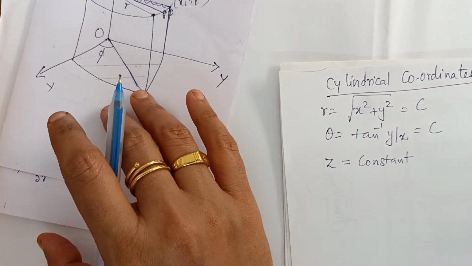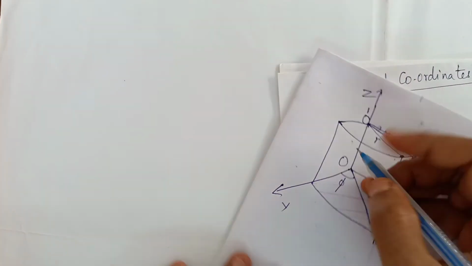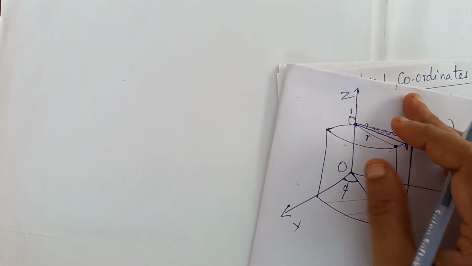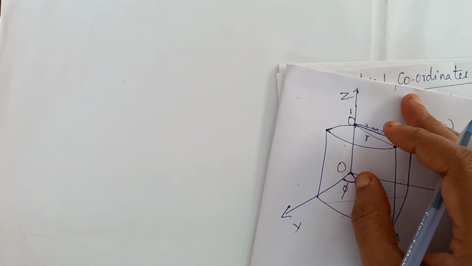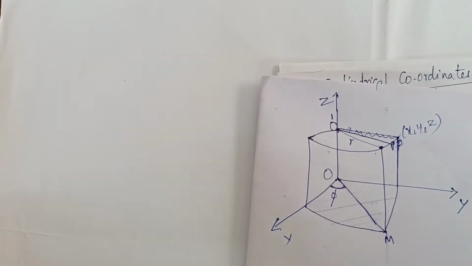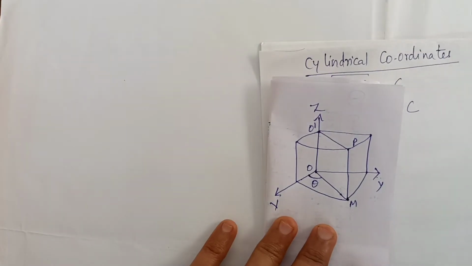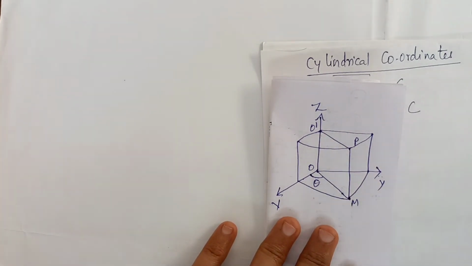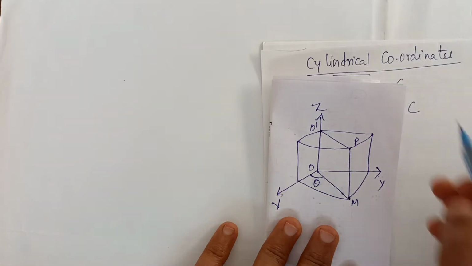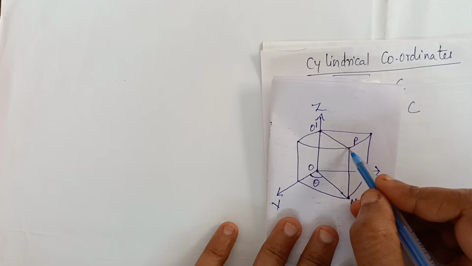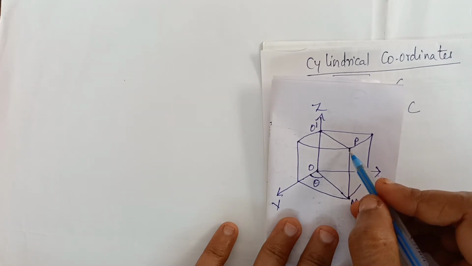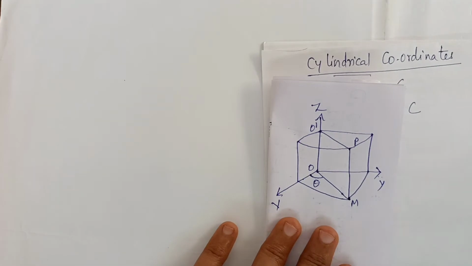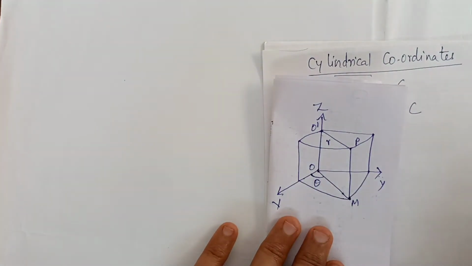Now we have to find the angle. Let this be phi, and then we have to know the position of the point P. In order to find the cylindrical coordinates of the point with Cartesian coordinates x, y, z, we have drawn a radius vector r from O dash.